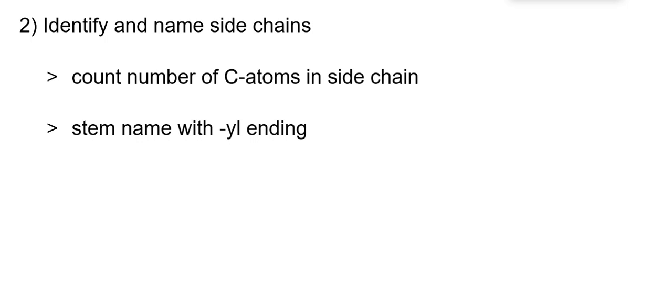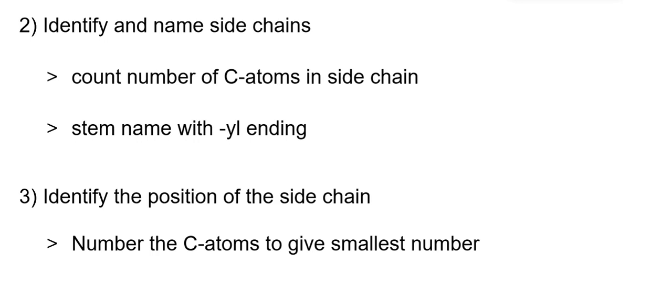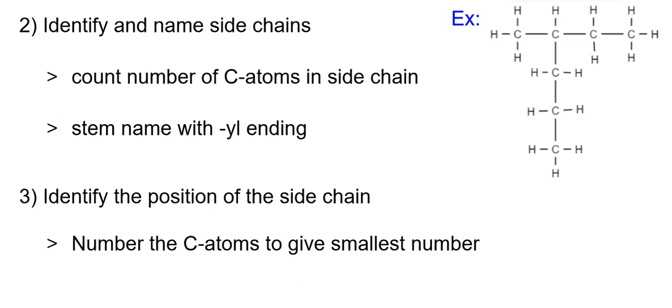So it wouldn't be meth, it'd be methyl or ethyl or propyl on any of the side chains. The third step is to identify the position of those side chains. And we're going to count the number of carbons along the main chain, that longest chain, that will give us the smallest number overall. Let's look at an example here.